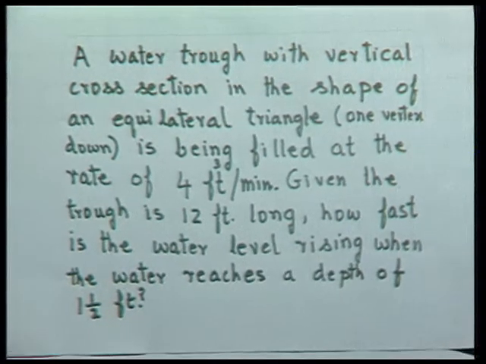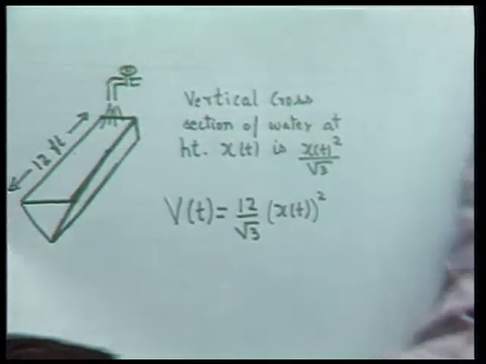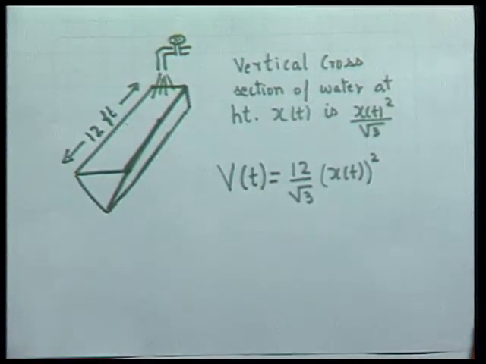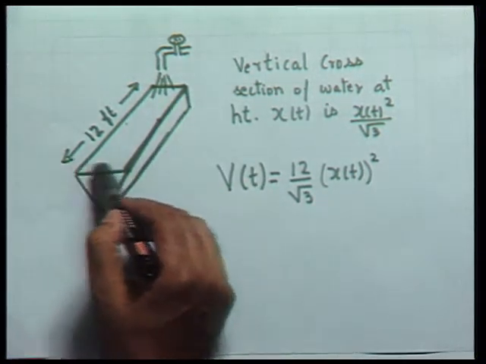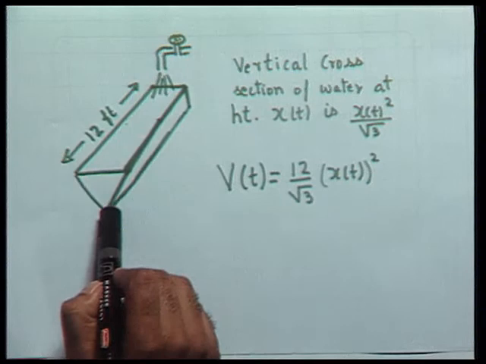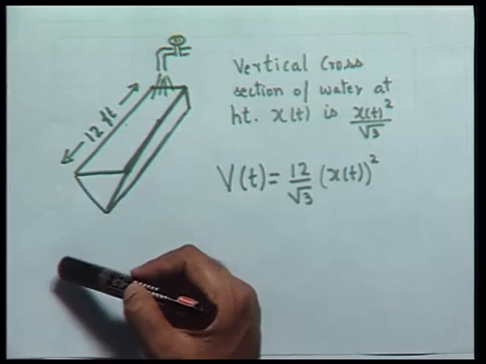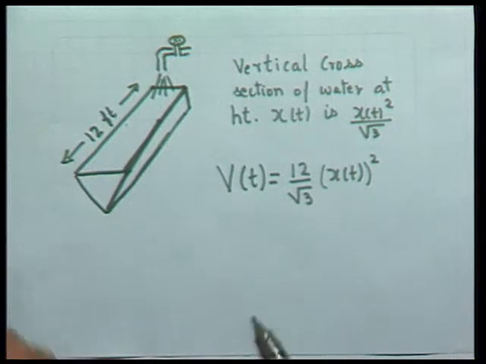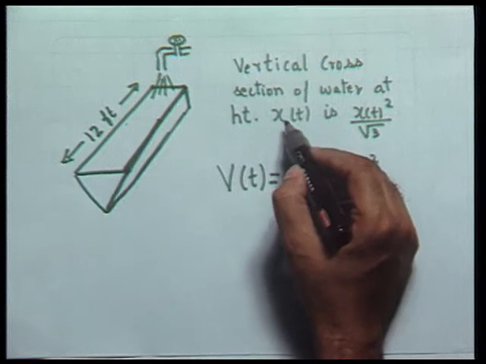Well, I have a diagram over here for you that will probably make things a little clearer. Let us look at this diagram. Here is a more or less crude sketch of the water trough. This is the vertical cross section of the equilateral triangle. Here is water being poured into the trough, which is 12 feet long. Now see, the vertical cross section of water at height x(t).